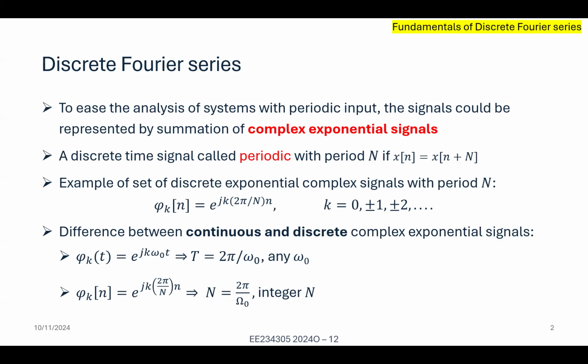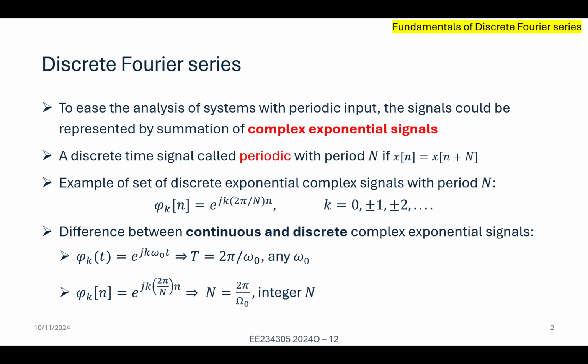Here the discrete time signal is called a periodic signal with period N if x[n] equals x[n plus N].